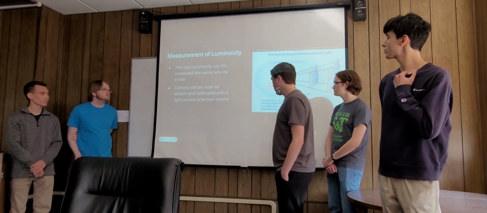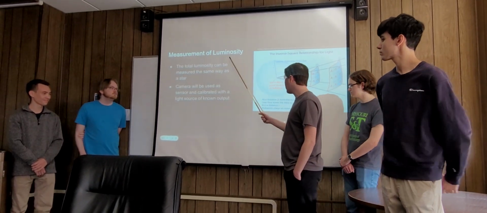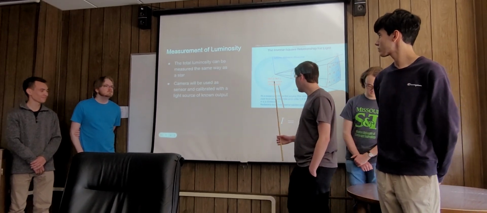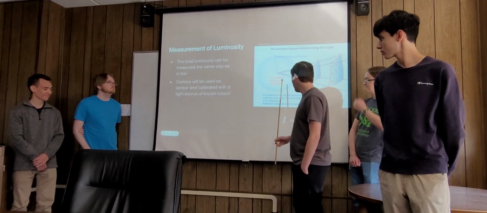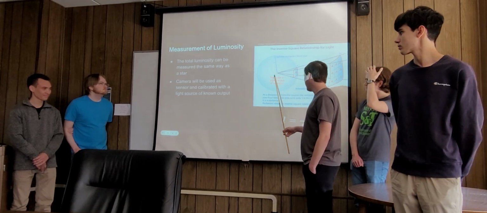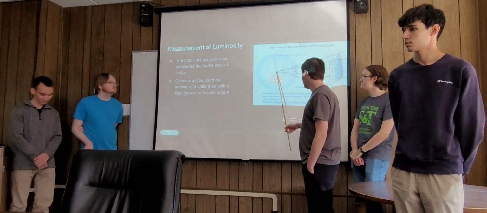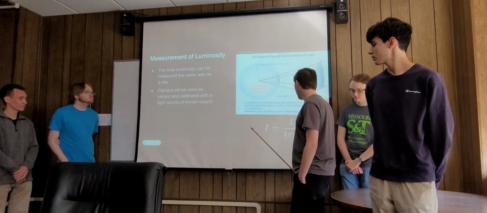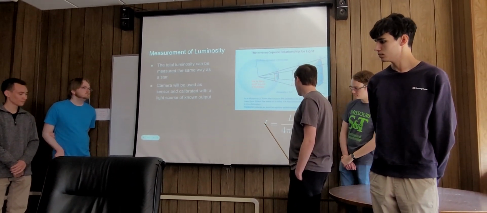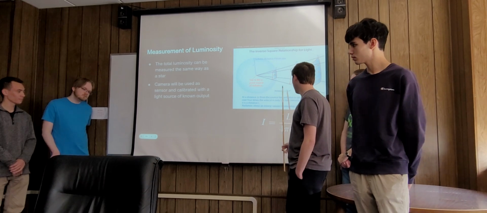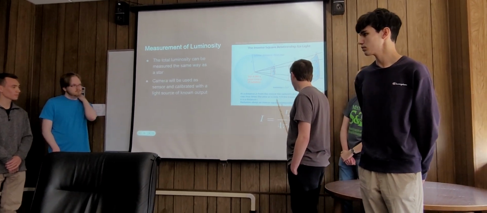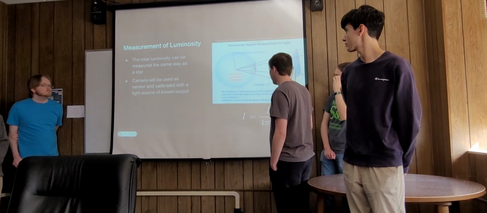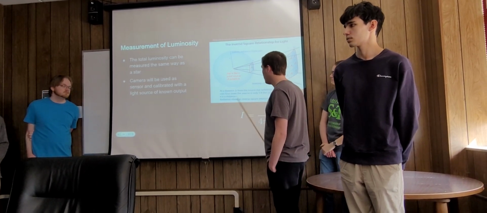So the main measurement we want to take is the actual luminosity of the bubble, and it can be measured basically the same way as a star, because it's a radial source, basically a point source if you're far away enough, and you can use the inverse square law and find the intensity at whatever spot we're measuring it from.